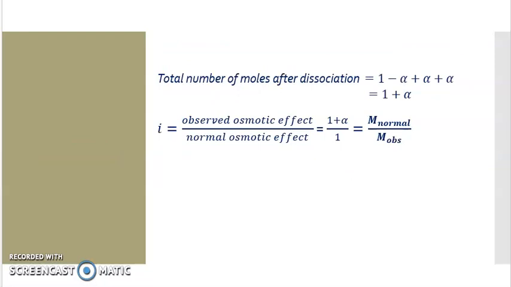So in the experiment, the number of solute particles in solution is 1 plus alpha, and in the normal case we are expecting 1 mole. So i equals 1 plus alpha divided by 1, which is equal to normal molar mass divided by observed molar mass.